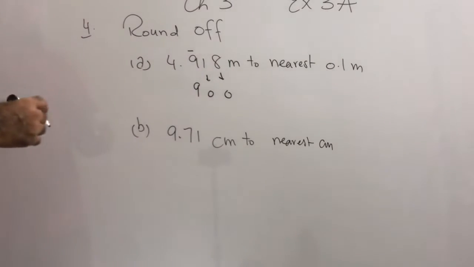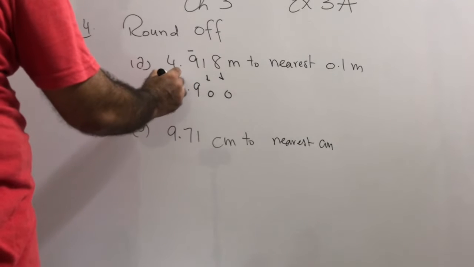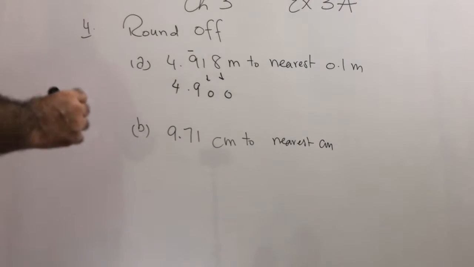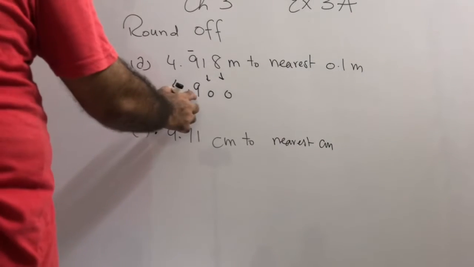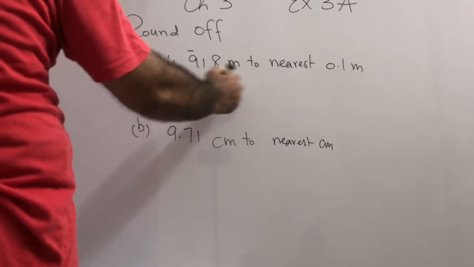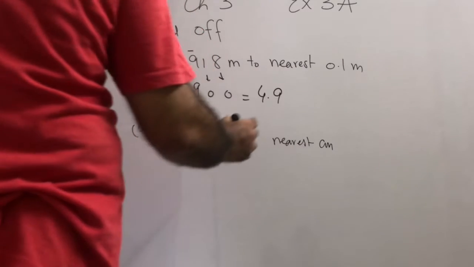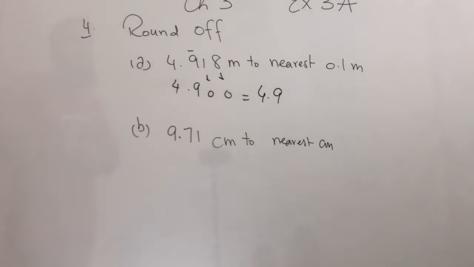And then the rule says that all the digits on the left side of this marked place are coming as such, no change, 4.900. So we know that when we have zeros at the end after the point, zeros at the end have no value, so it is equal to 4.9. So this is the answer. We have rounded off 4.918 meter to the nearest 0.1 meter, and the answer is 4.9.